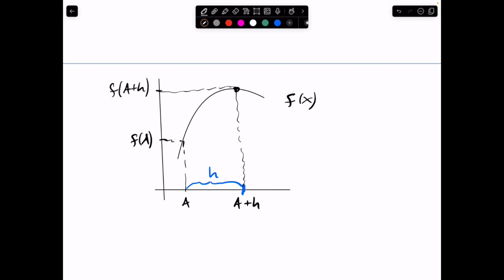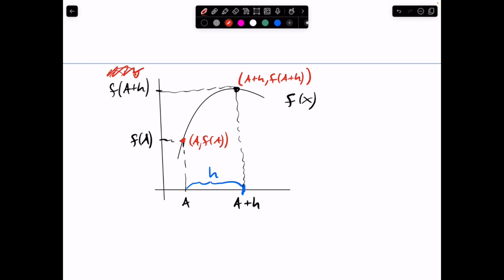Now this is what I was saying before. Don't be tricked into distributing that f, because you can't do that. That's not a thing. This is function notation. So this point right here is a plus h, comma, f of a plus h. And then this point right here is just a, comma, f of a.